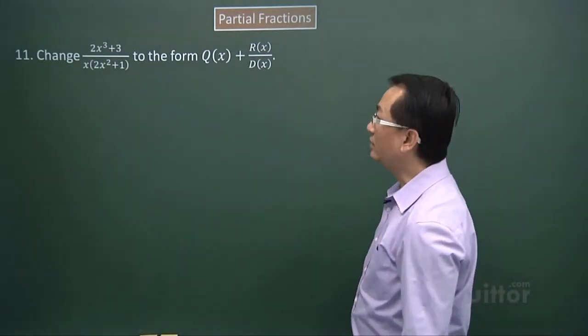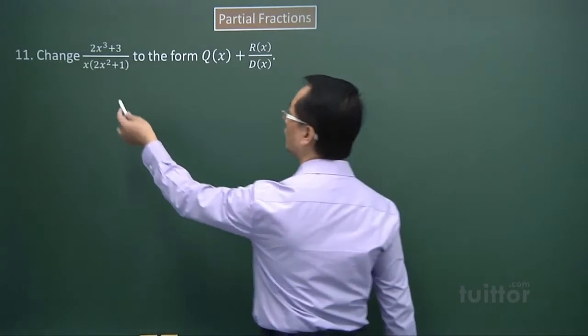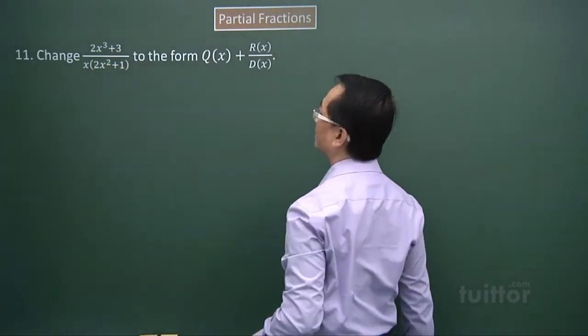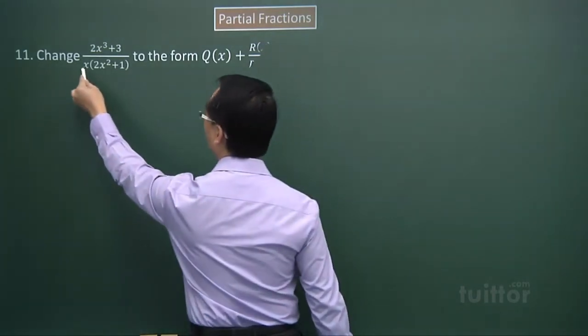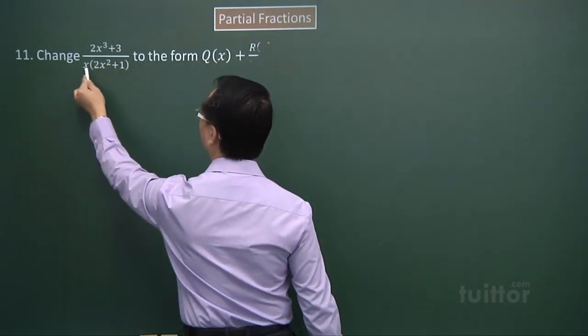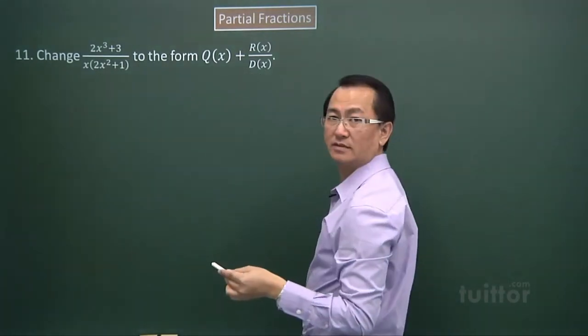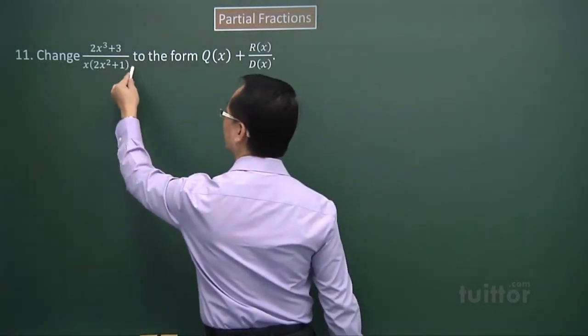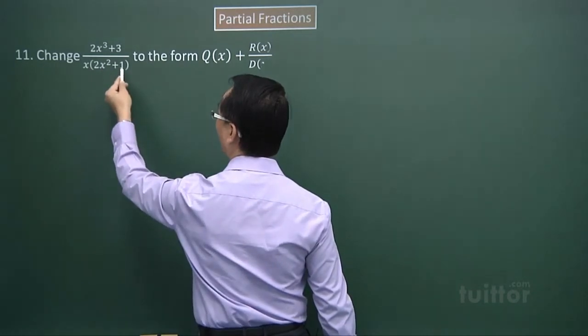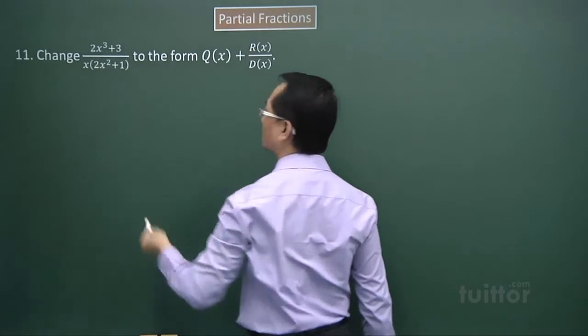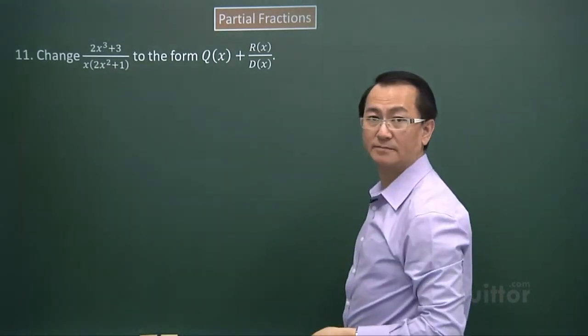Now for 11, we need to change this to this form. If I expand the denominator expression, I will have a cubic expression. This cubic expression is of the same degree as the expression of the numerator.